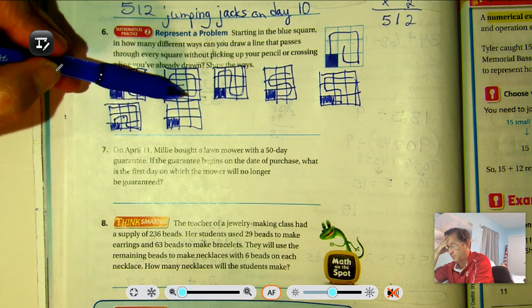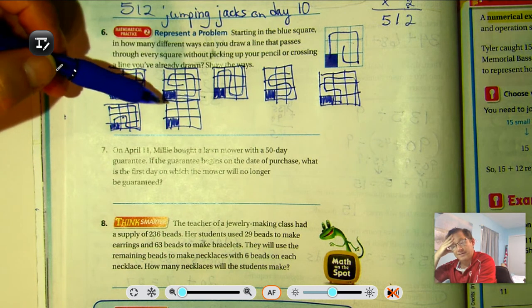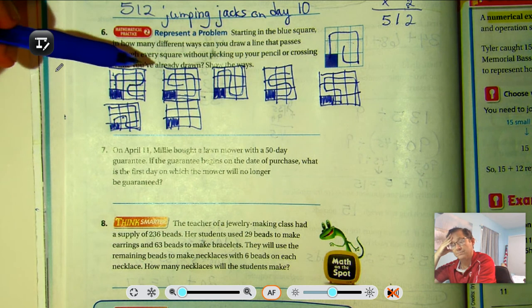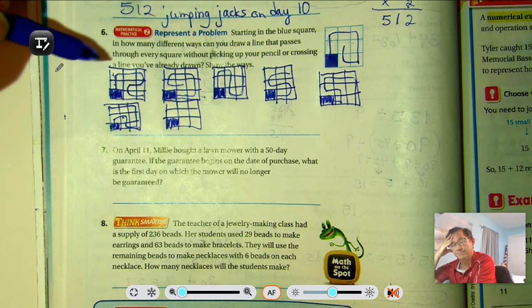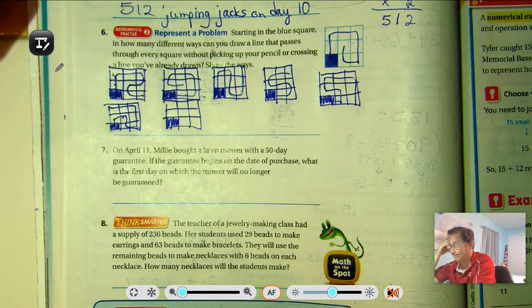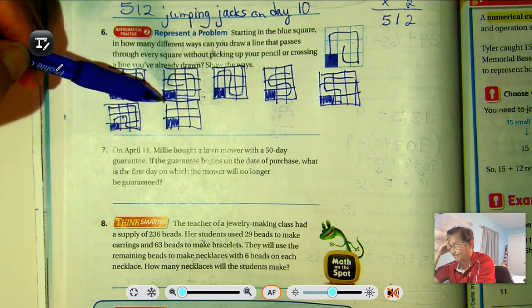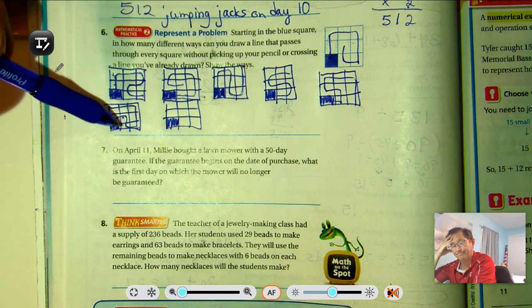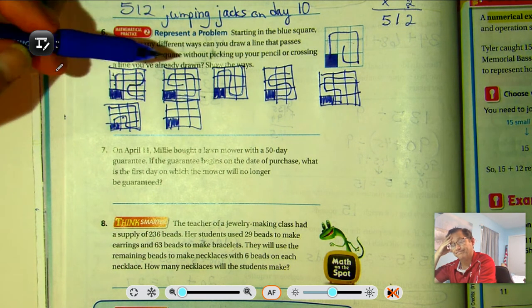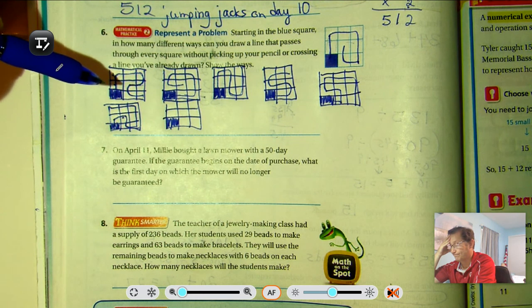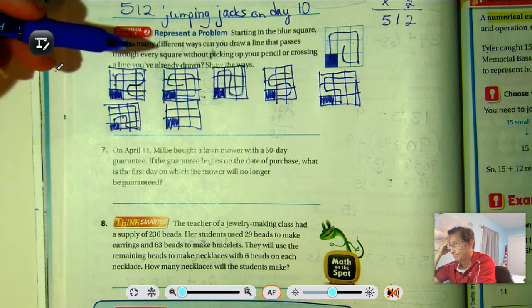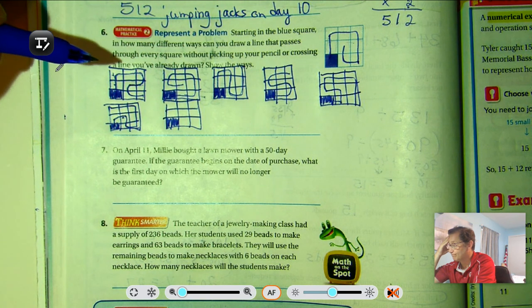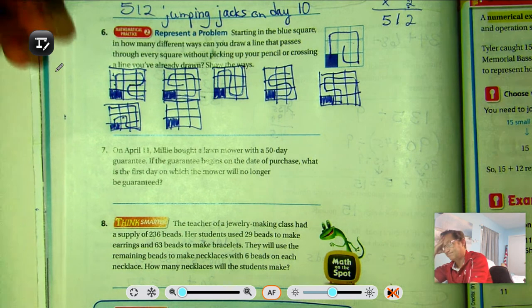Started at the bottom and gone over. Okay. Oh, is that it?